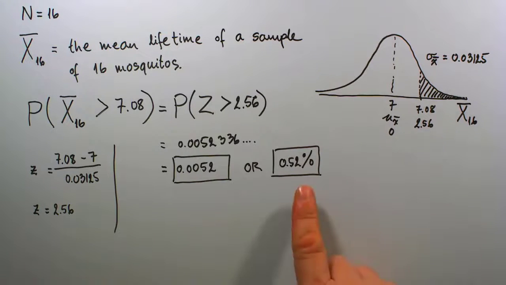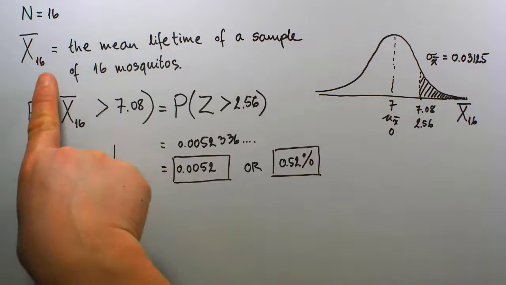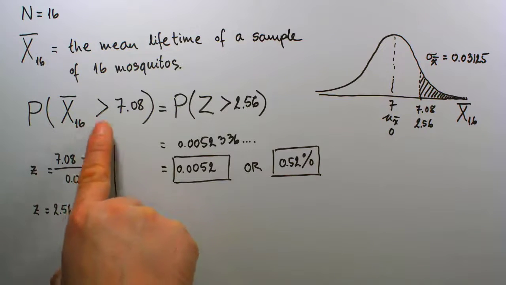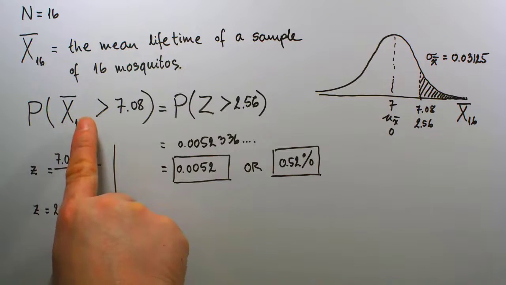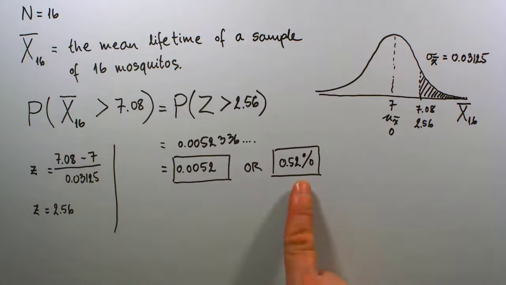What it says now is that anytime we're picking a random sample of 16 mosquitoes from the above population, the chance that the sample mean in our sample being greater than 7.08 is calculated to be only a 0.52% chance. It's just barely above half of a percent.